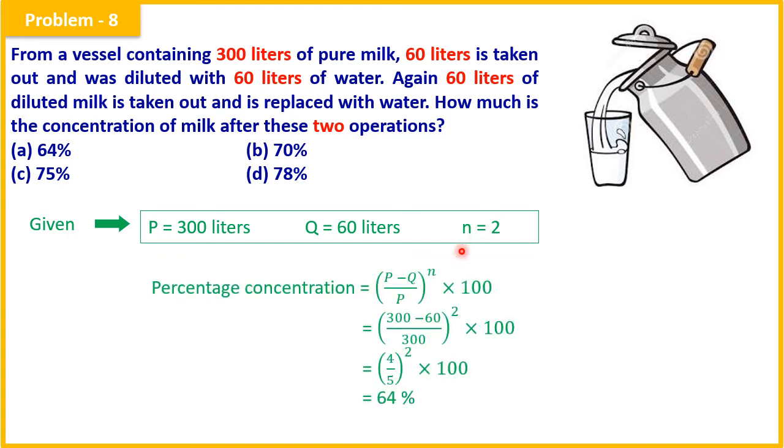So (P minus Q) by P to the power of N into 100 we will do. P is 300, Q is 60 and N is 2 we will put here. That comes out to be 64%. So after doing this 2 times, the concentration left in the milk is 64%.